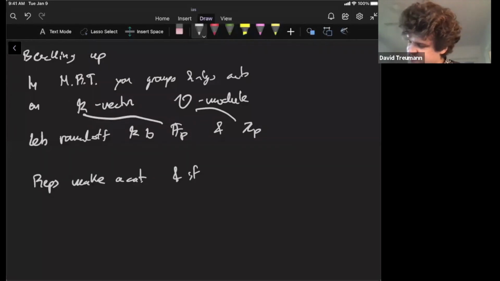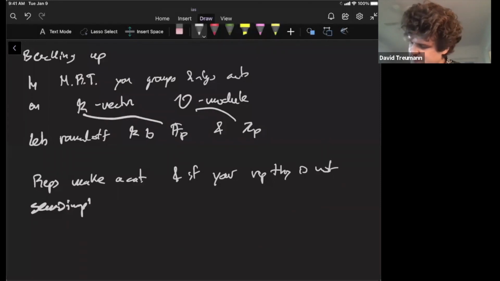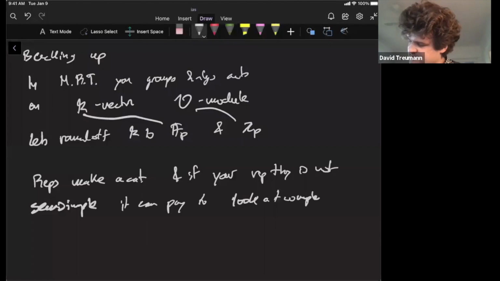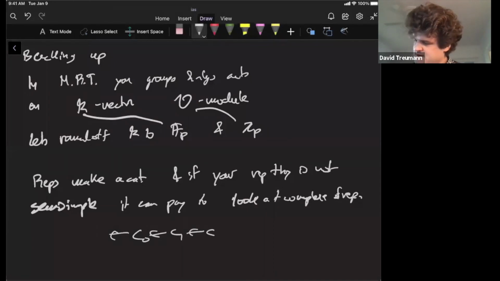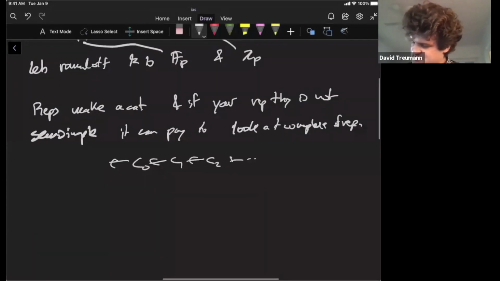And if your representation theory is not semisimple, it can pay to look at complexes of representations. Each chain group in your chain complex is a representation.